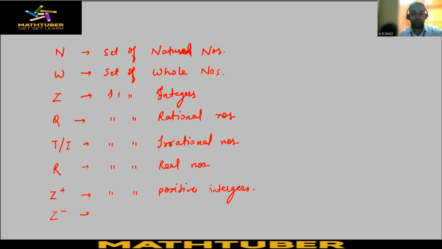Z negative represents the set of all negative integers, right? So these are the commonly used symbols for the different sets of numbers. So let us do a few questions based on this.